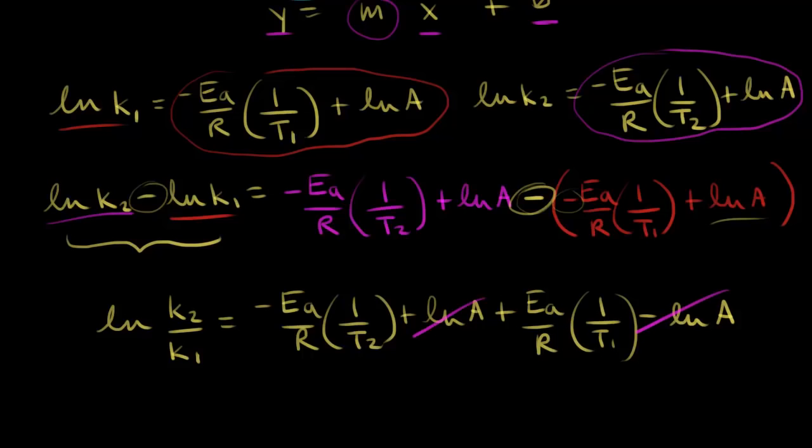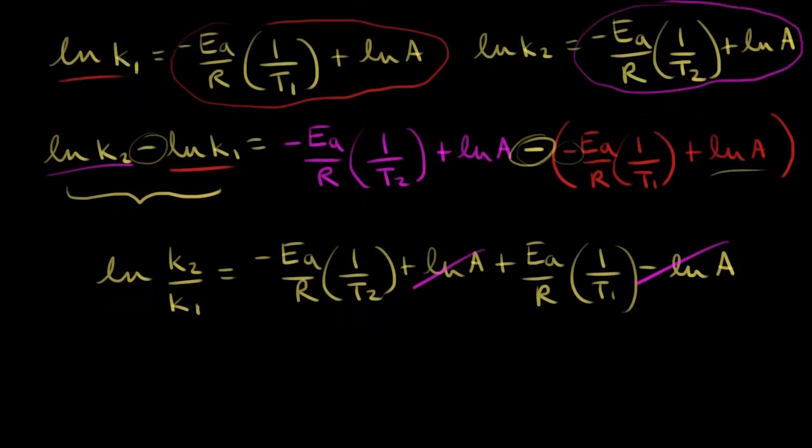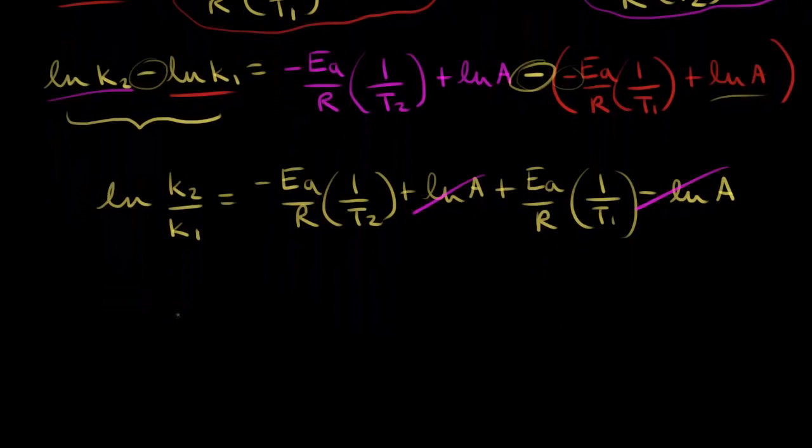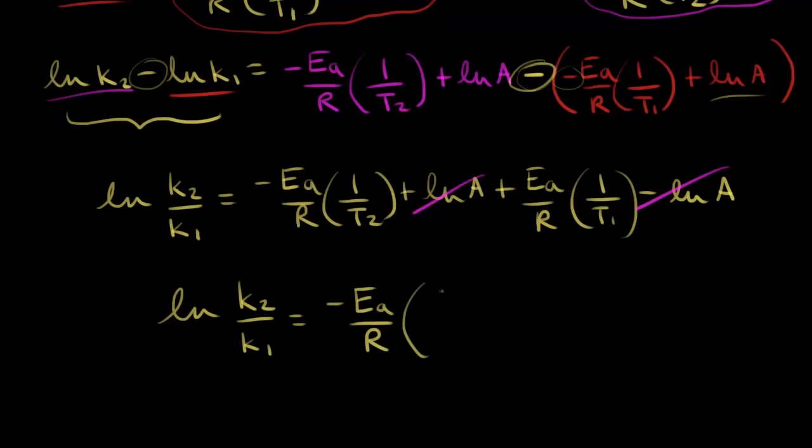All right, and let's write this next form of our Arrhenius equation. So on the left side we have natural log of k2 over k1 is equal to, let's pull out a negative EA over R. If we pull out a negative EA over R, then we would have 1 over T2 minus, we need a minus sign here, 1 over T1.